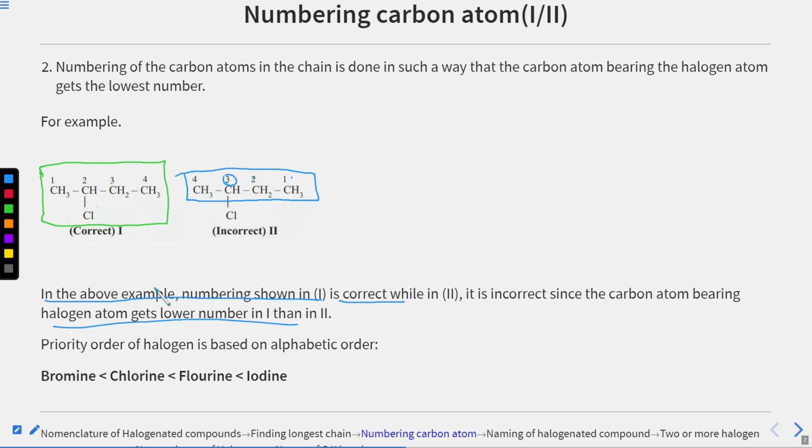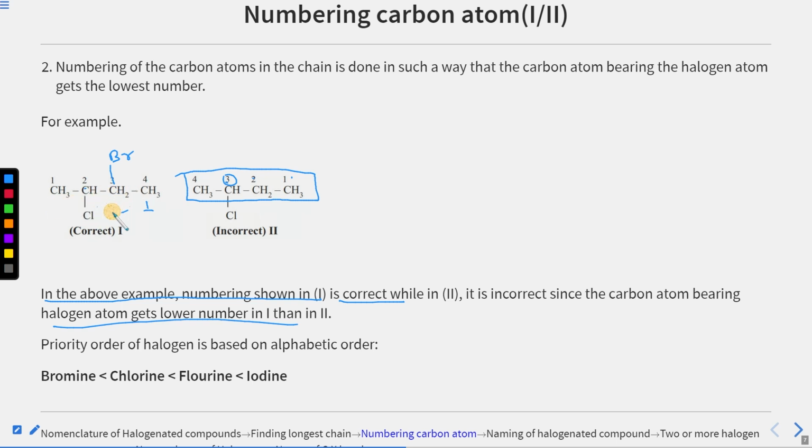Now what will we do if two halogens are at the same position? Suppose we have a bromine here. If you start numbering from here, we will find a substituent at 2, and if we start numbering from here, we will also find a substituent at 2.